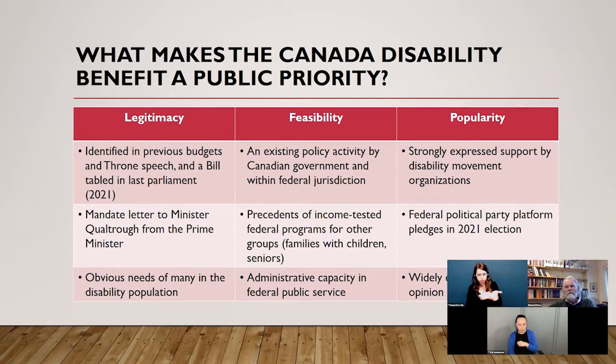And there's no doubt there's the administrative capacity within the federal public service to deliver such a program. So this is not a brand new, untested, unknown, unfamiliar policy idea. And as Michelle said, in terms of the Angus Reid poll and other evidence, there's clearly both political interest and public popularity around this.